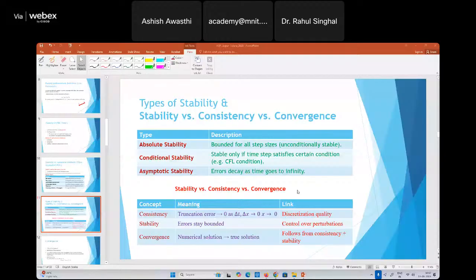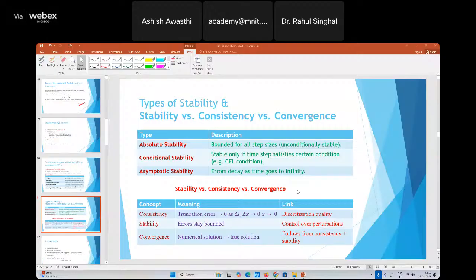So what is the meaning of converge? Converge means that the numerical solution will give you the exact, true solution. So convergence means that your numerical solution, which comes from the numerical method, and the actual solution, which comes directly by using analytic method or the physical problem, should match, isn't it?